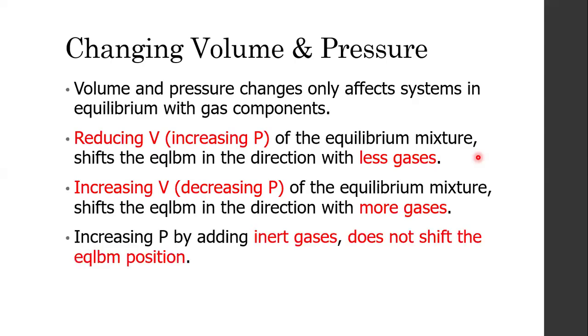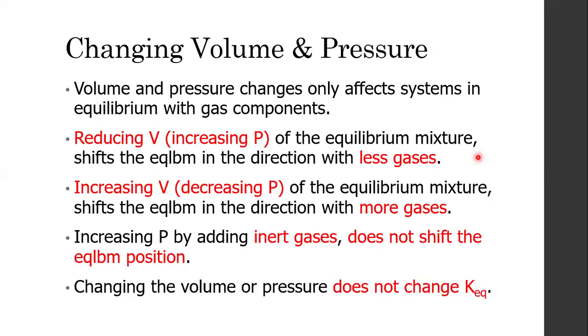Also, it's important to note that when we try to increase the pressure, not by changing the volume, but by adding an inert gas or a non-reactive gas to the mixture, a gas that is not part of the reaction, the equilibrium will not shift to any side. So it will just stay as it is. And changing the volume or pressure does not change the equilibrium constant.